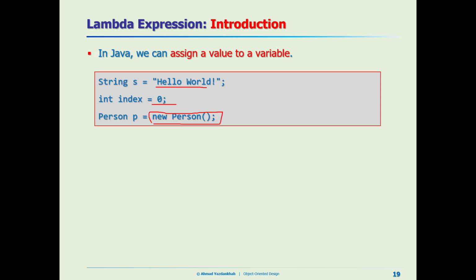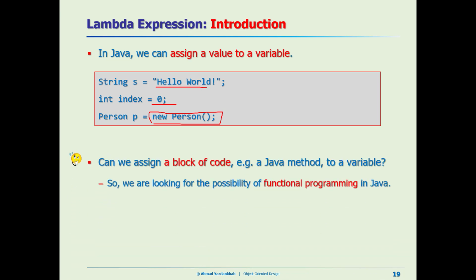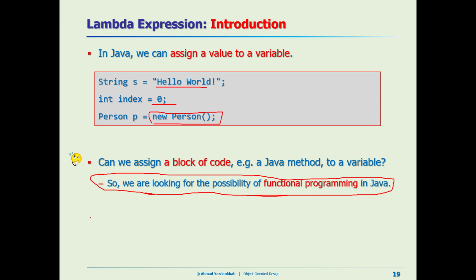But the question is, in Java, can we assign a piece of code to a variable? Why am I asking this question? Because I am looking for the possibility of functional programming in Java. If we can assign a piece of code to a variable, then possibly we might have functional programming in Java.